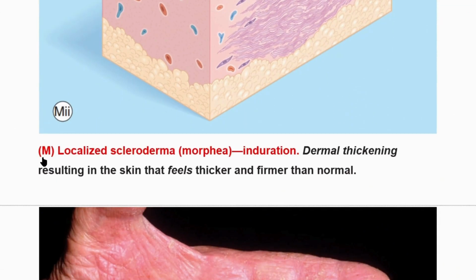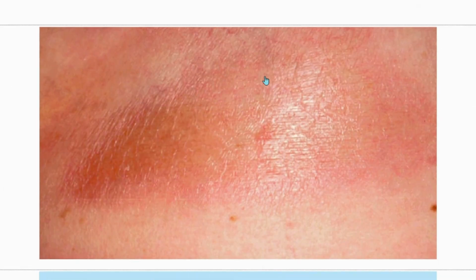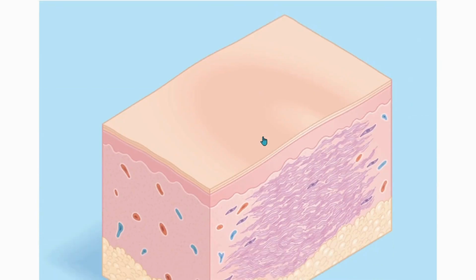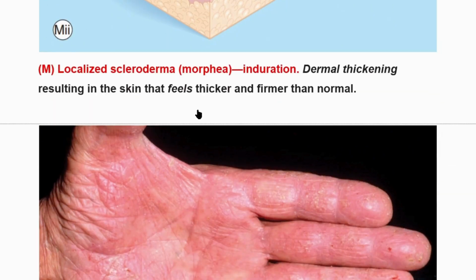And M, we have localized scleroderma or morphea. In localized scleroderma or morphea we have induration. As we can see here, we can see induration in the patient with a systemic scleroderma. We can see it here also. In scleroderma we have induration, dermal thickening resulting in skin that feels thicker and firmer than normal.